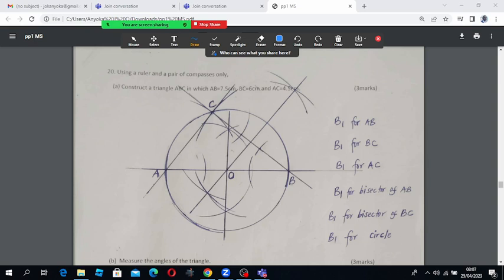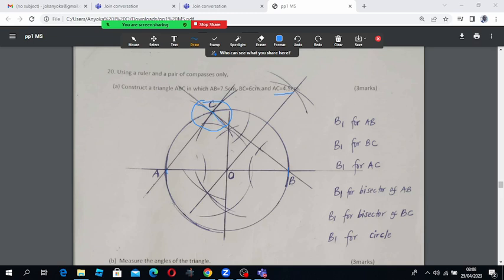What will confirm the construction of triangle ABC? They are these arcs that I'm seeing here, where you measured the length AB. After measuring AB, you measured AC, which is 4.5. You stand at A, you make this arc.